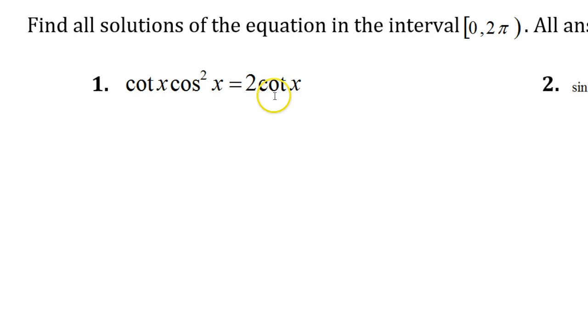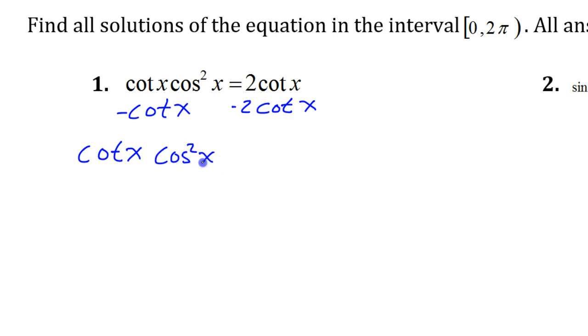So, most of the time, we're going to need to have 0 on one side for these types of equations. So keep that in mind. So our first step will be to subtract cotangent x from both sides. So now I have cotangent x cosine squared x minus cotangent x is equal to 0.